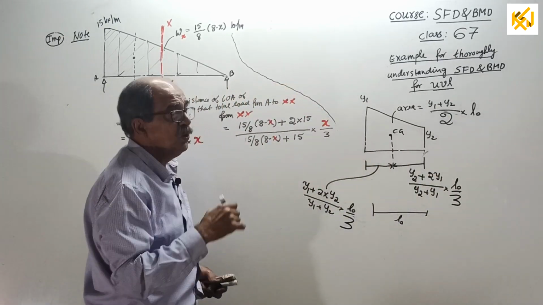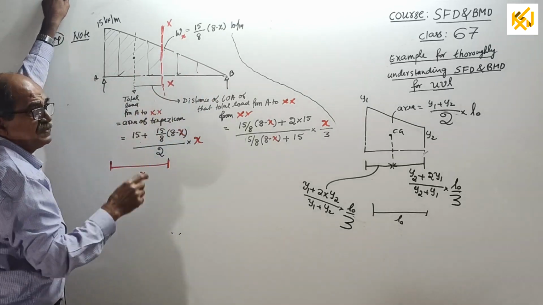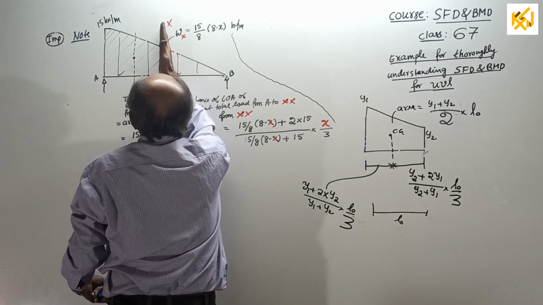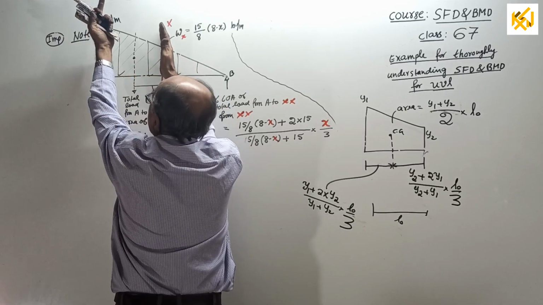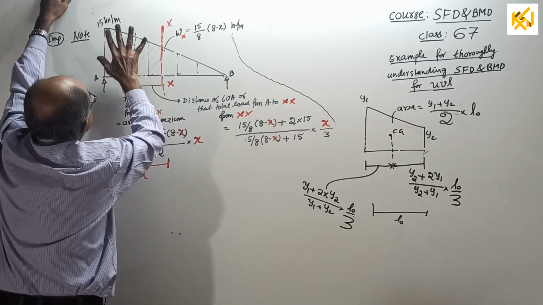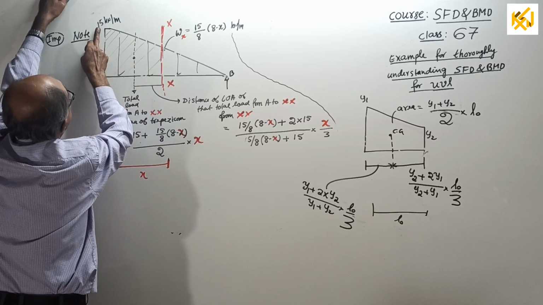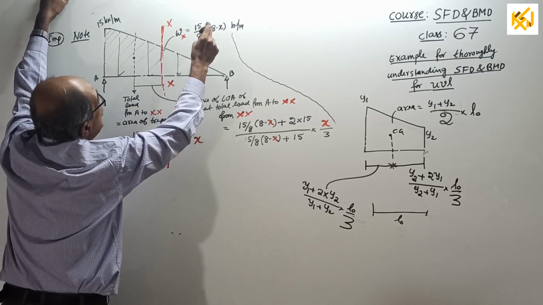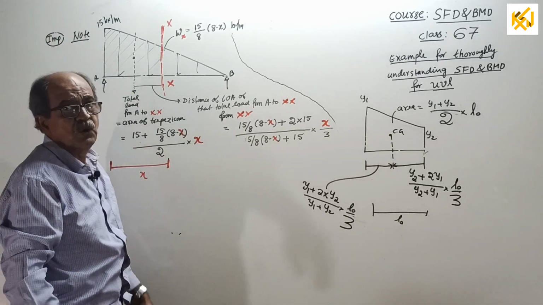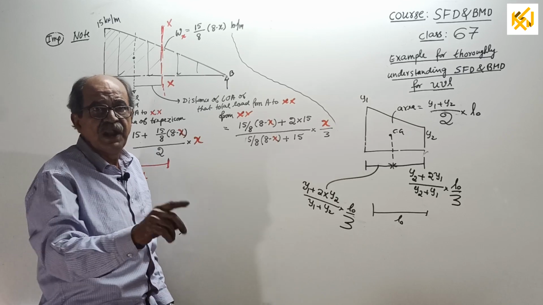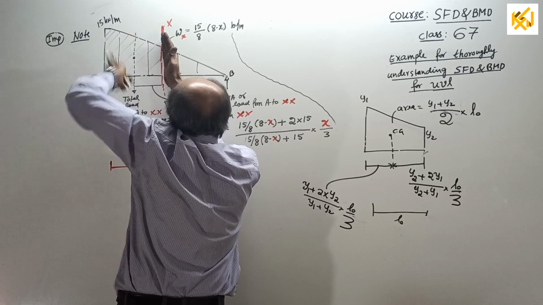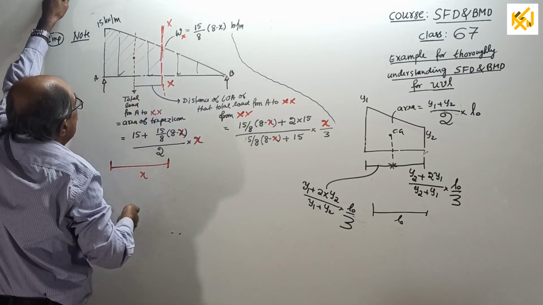Okay. Therefore, later when you write the expression for SF and BM, I will not explain once again. When you want the shear force here, consider this reaction minus this much load. That load is this area, equal to 15 plus 15 by 8 into 8 minus x divided by 2 into x, which will give the total load. Then, when you write the expression for BM here, reaction into x as usual, minus the moment of this total load about this point.